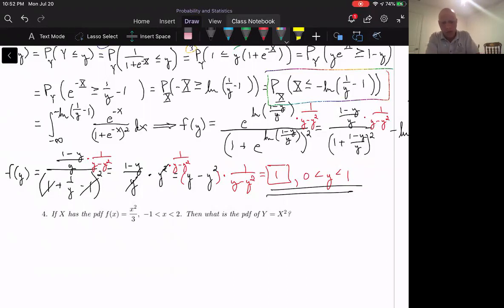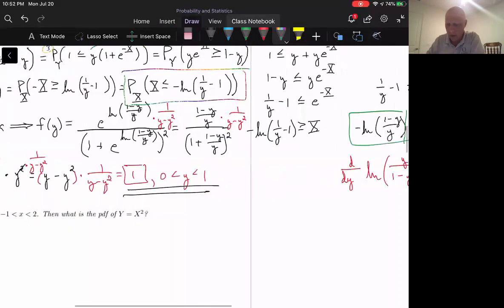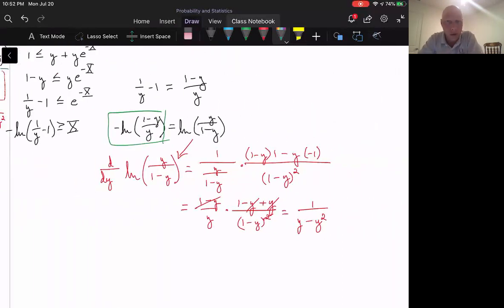I used the first fundamental theorem of calculus, which says the derivative of an integral is the integrand evaluated at the upper limit, the negative natural log of 1 over y minus 1 term, times the derivative of what we plugged in. The derivative of the negative natural log of 1 over y minus 1 happens to come out to be 1 over y minus y squared, which I had solved in red over here.